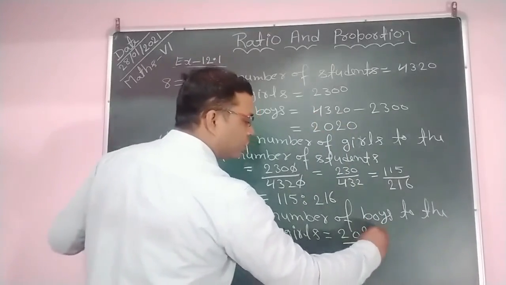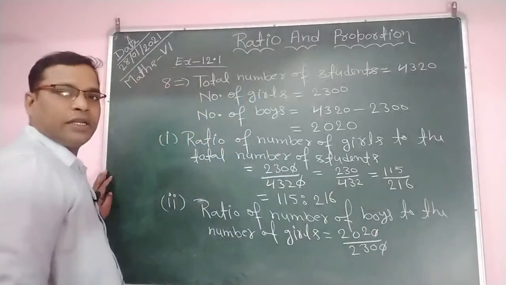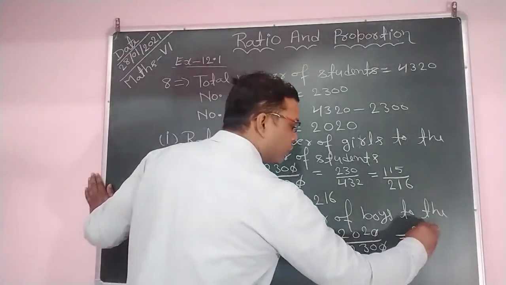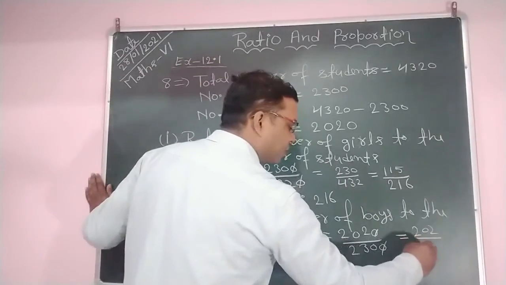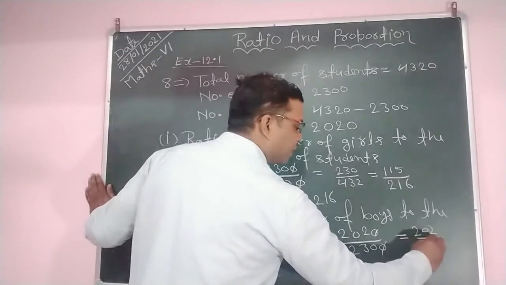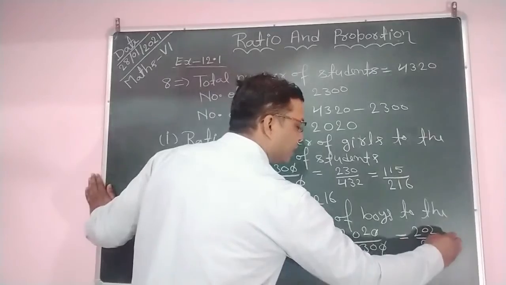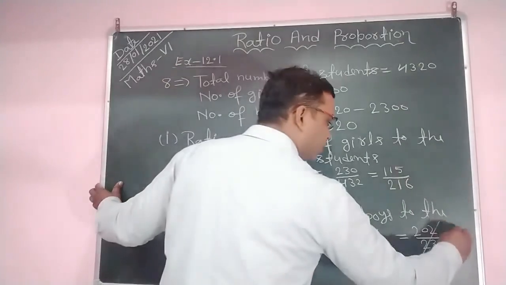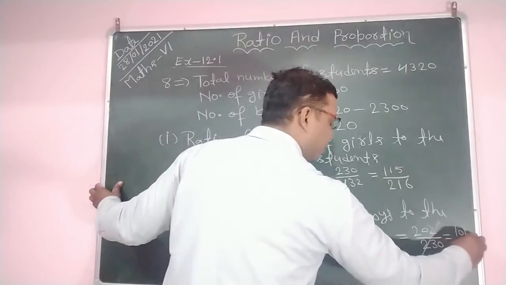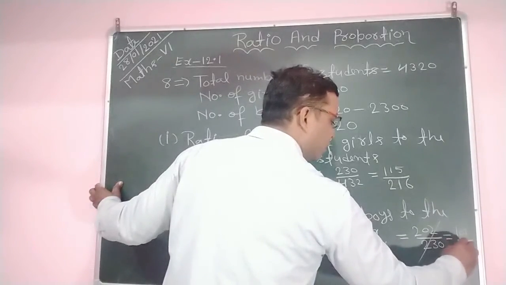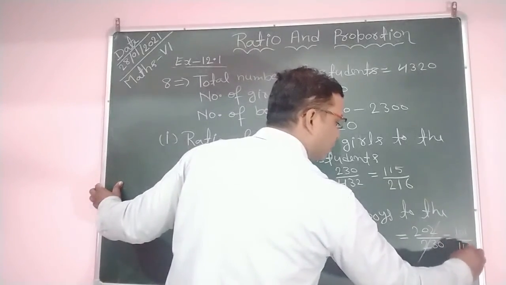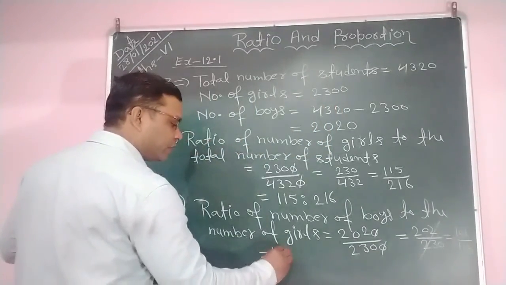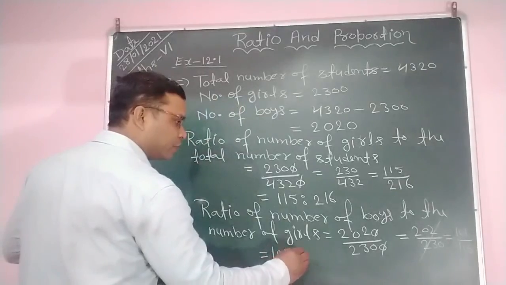Okay, so you can cancel the 10 here and you get 202 by 230. Again you can divide by 2, then you get 101 by 115. So the required ratio is equal to 101:115.